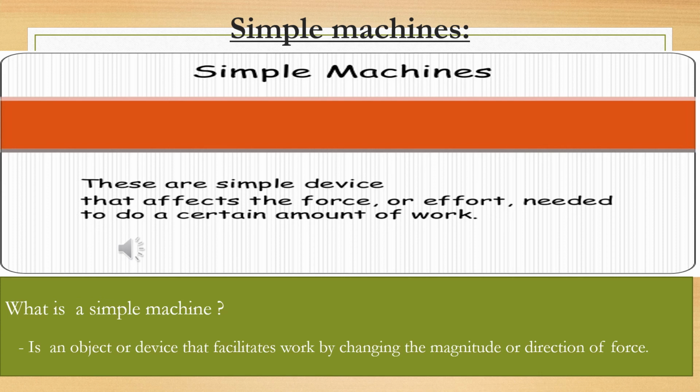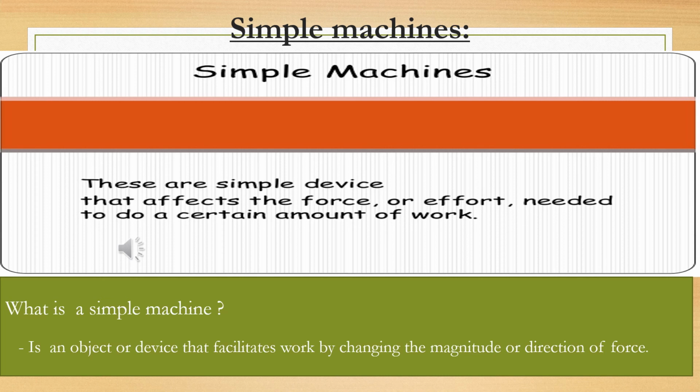Simple machines are simple devices that affect the force or efforts needed to do a certain amount of work. We can as well say, we have a question down here, what is a simple machine?